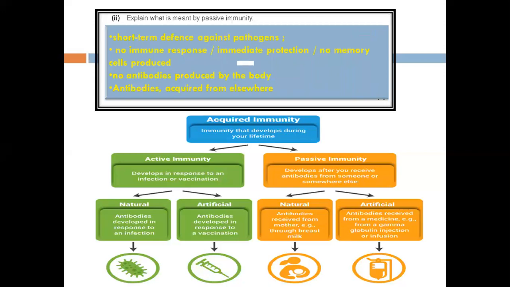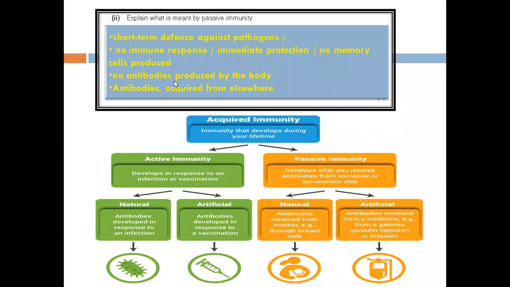It's short term. Active immunity, I told you, will remain for a long time in your body because of memory cell production. While passive immunity will not remain for a long time in your body, okay? Because here no memory cells are produced.